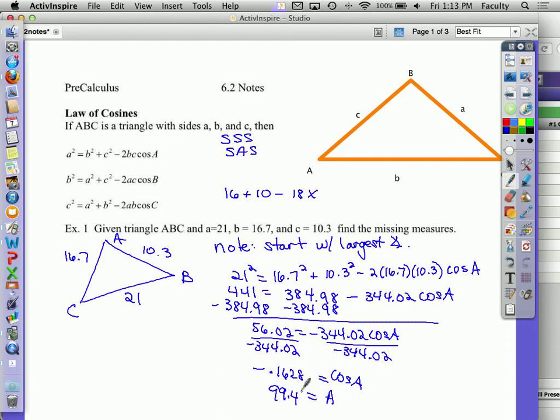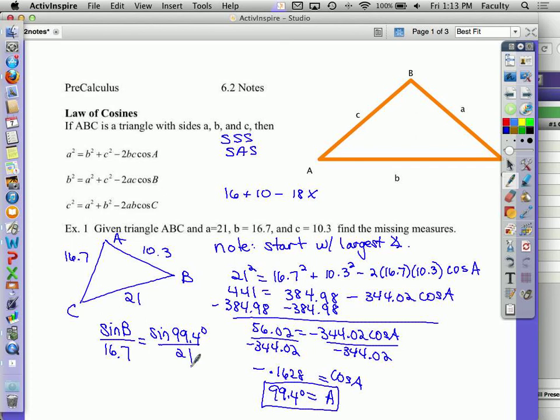I got 99.4 degrees. As long as the situation does not create side-side angle, if the problem direction says use law of cosines to solve, the minimum is you have to use law of cosines once. So when I go to find the next one, which is B, B is smaller, so I can go with law of sines. It's not a problem. So then I'm going to go sine B over 16.7 equals the sine 99.4 degrees over 21.